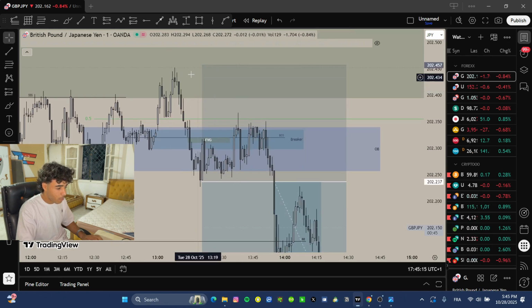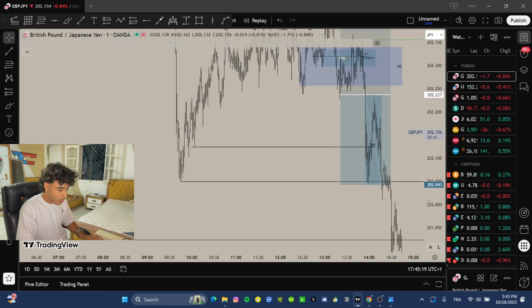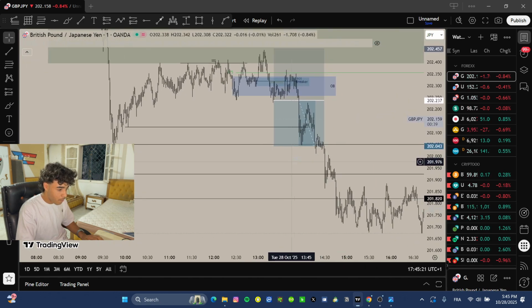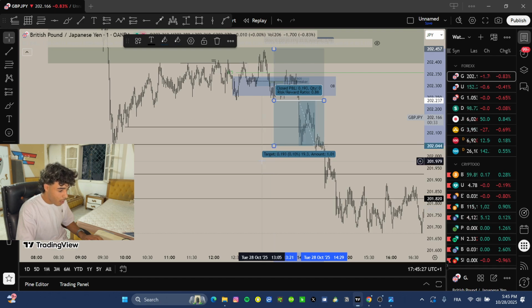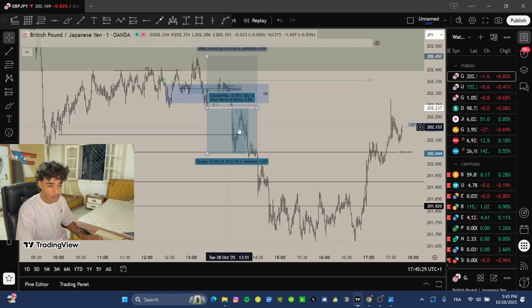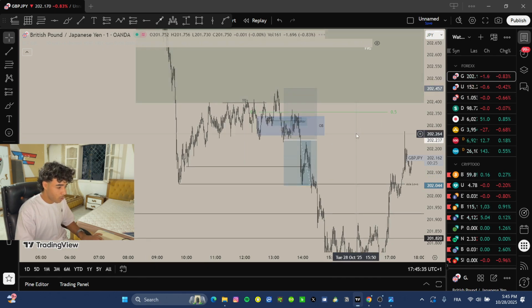But it's not a big problem, because my stop loss is well protected and my take profit is in a very good position. I was thinking about taking this trade into these lows, but then I said no, I'm not going to be greedy. I'm only going to take this setup, a clean 1 to 1. I don't want to interrupt a lot of rotation.